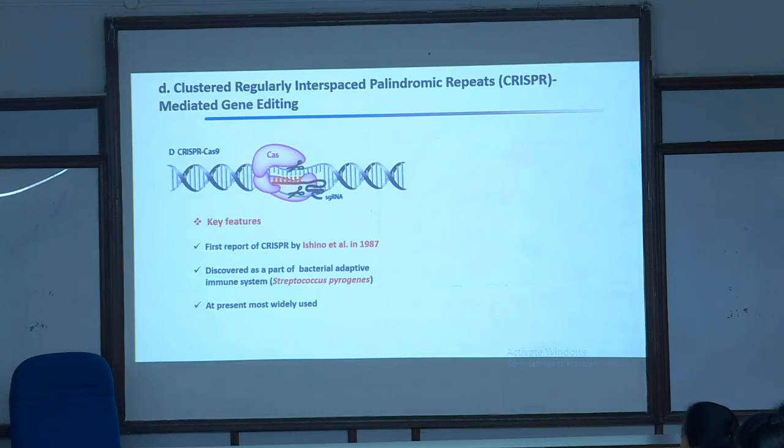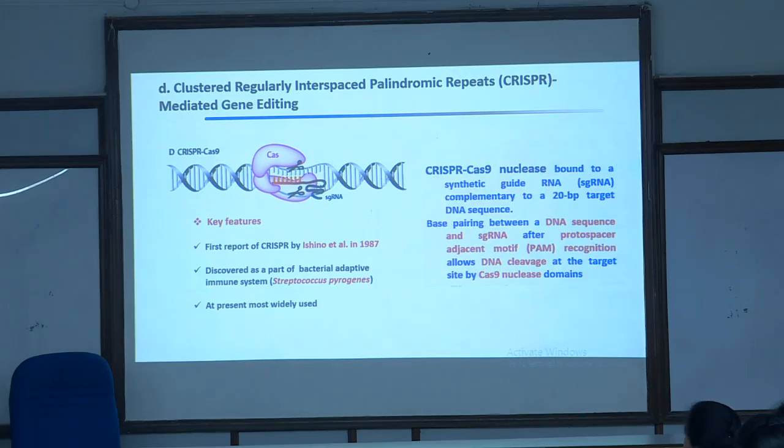And the key feature is the CRISPRs were originally discovered in the late 80s, Ishino et al. I think Dr. Nirban might have given the historical account of this discovery. Originally discovered in Streptococcus pyogenes, presently it is making a lot of impact in biology, in particular agriculture and human medicine.